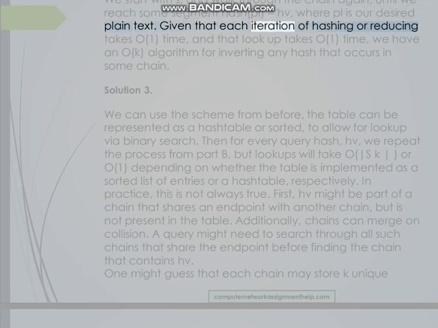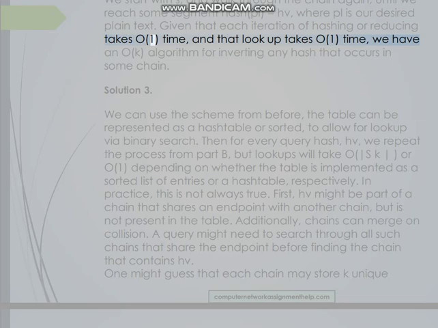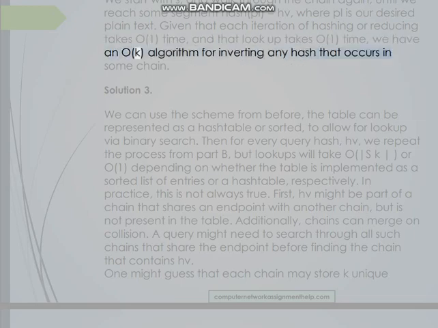Given that each iteration of hashing or reducing takes O(1) time and that lookup takes O(1) time, we have an O(k) algorithm for inverting any hash that occurs in some chain.